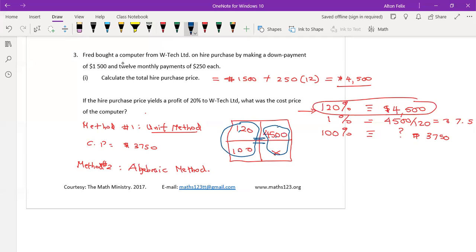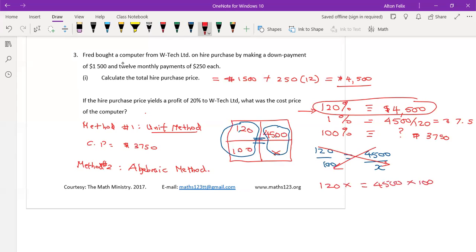So let's continue that method. If you have 120 over 100 equal to 4,500 over X, we know there's a technique in solving this type of equation, which is called cross multiplication. So you're going to get 120x is equal to 4,500 multiplied by 100.